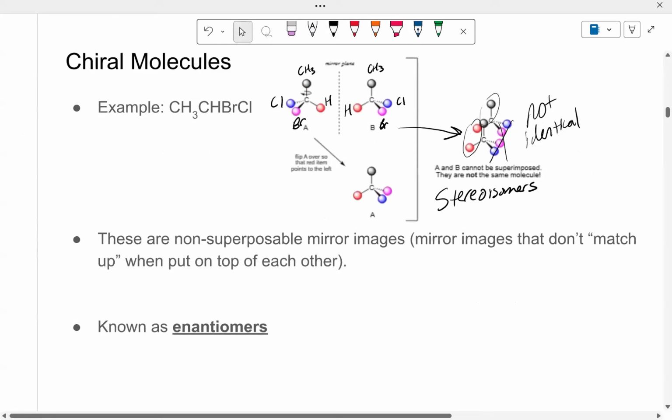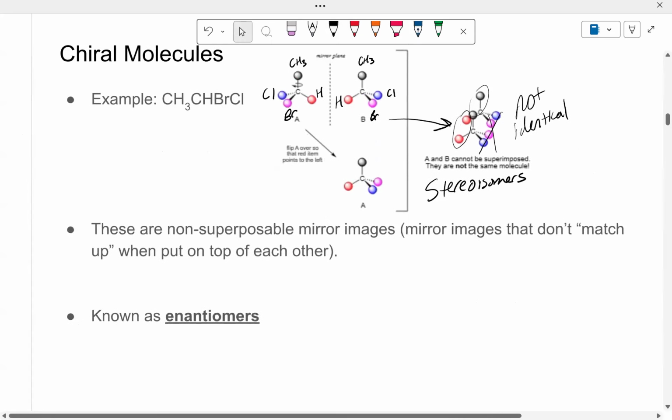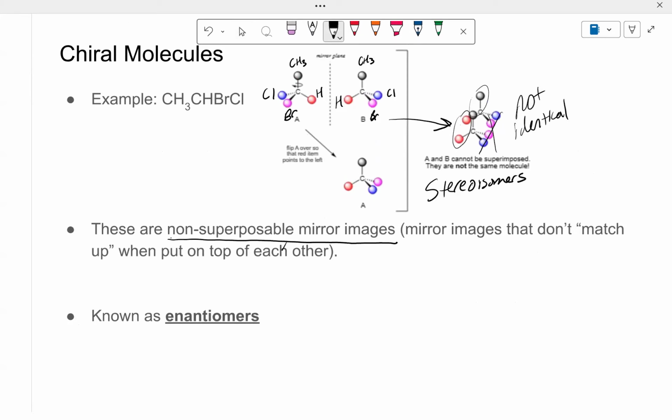Now, if these stereoisomers are non-superposable mirror images, then we call those enantiomers. That's our first type of stereoisomer we're going to cover in this chapter. We actually spend quite a bit of time talking about it. So if you have non-superposable mirror images, those are known as enantiomers.